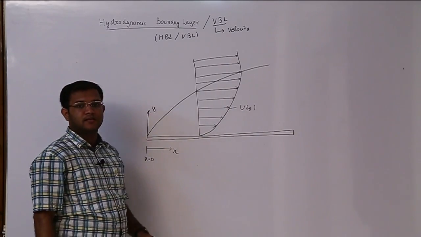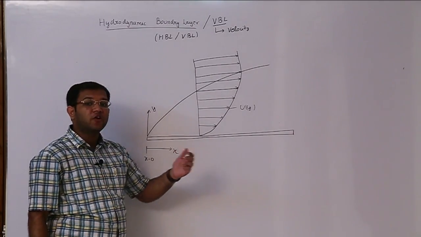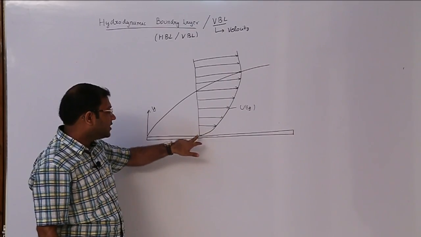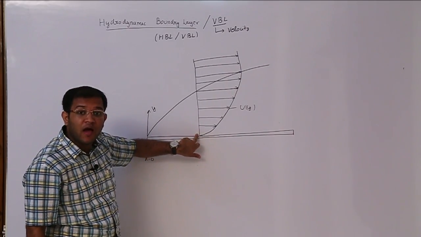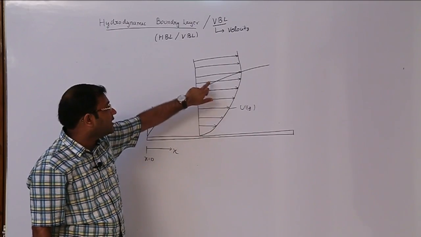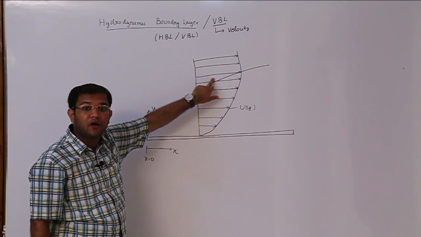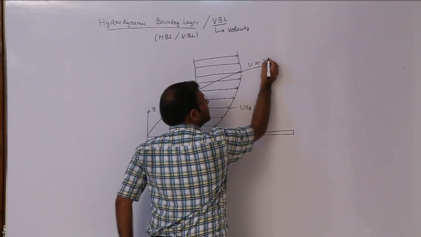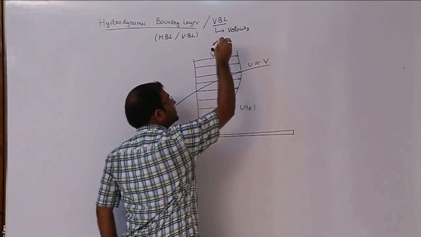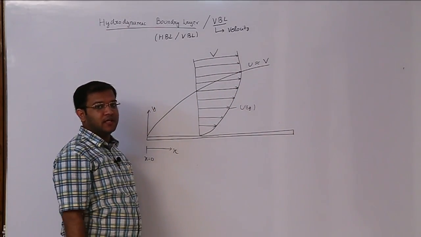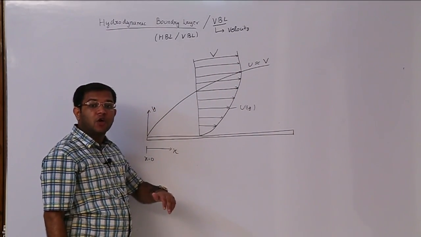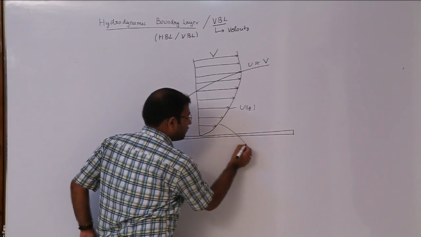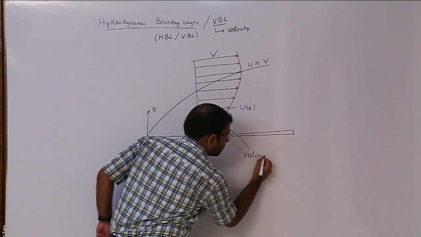Now see students, we have seen that in hydrodynamic boundary layer there is variation of velocity. See here the velocity is 0 at the solid surface, and at the hydrodynamic boundary layer the velocity u approaches free stream velocity V. Due to this variation of velocity in y direction we obtain our velocity profile.